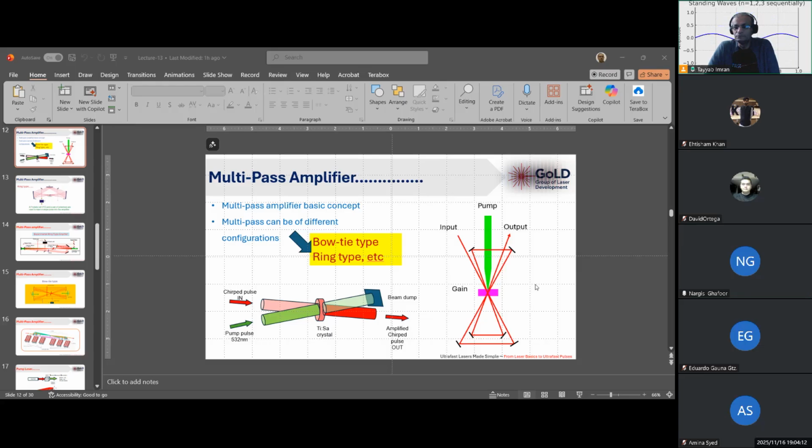I will see by the end of this course if I find any interest. Because now I'm gaining a little bit of interest with your lectures. That's good actually. This is the purpose, for people to know and understand this, especially in Pakistan. Very few people know about this kind of lasers.